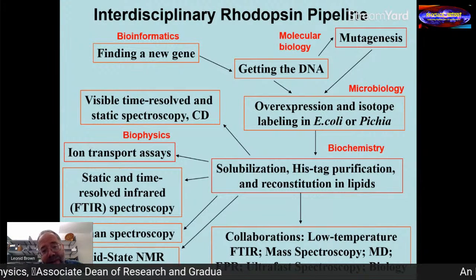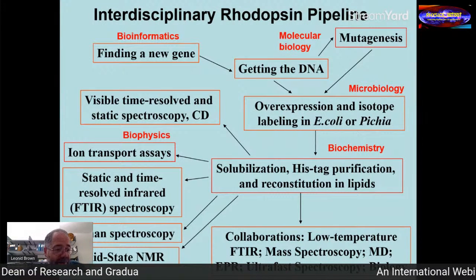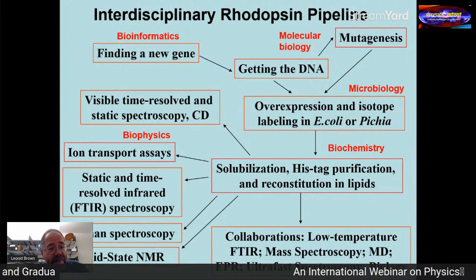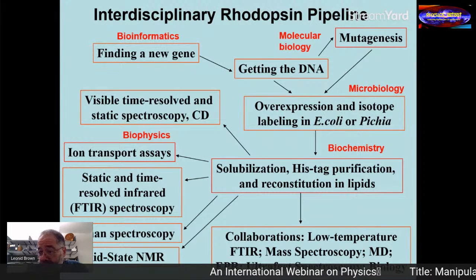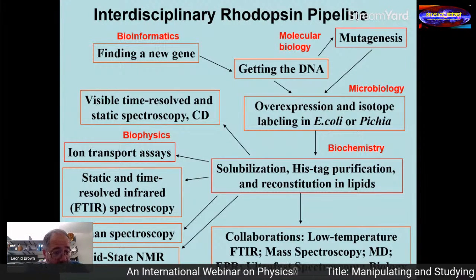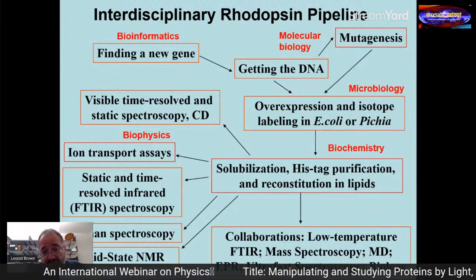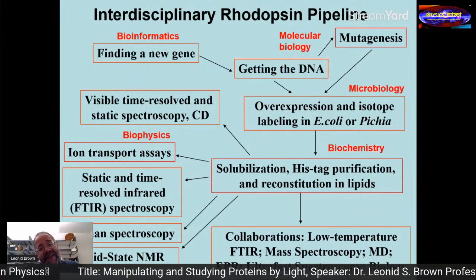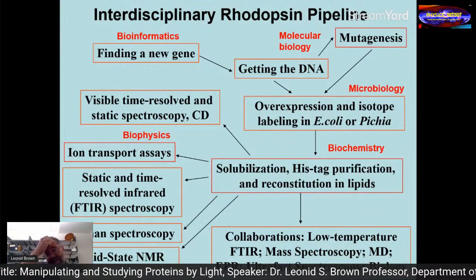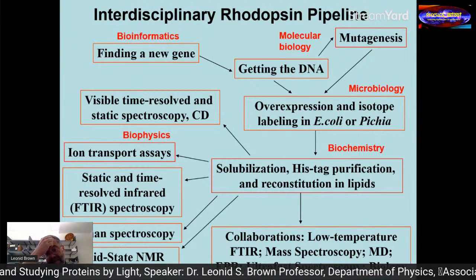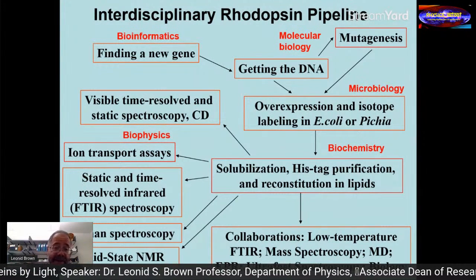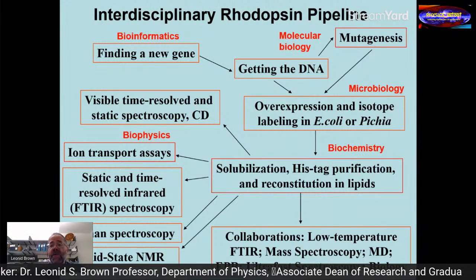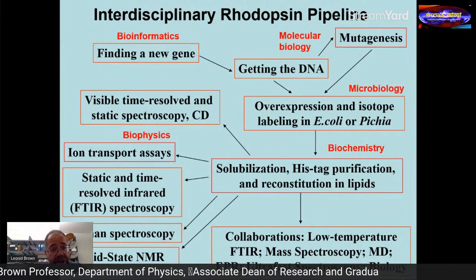Basically, we are trying to do everything in-house. Of course, we have a lot of collaborators, but we combine a lot of different disciplines, even though we are in a physics department, but we are doing some biology as well. So here is our pipeline. This is how we work, and I will describe some methods and give you examples, and then I will finish with a more extended example of a project.